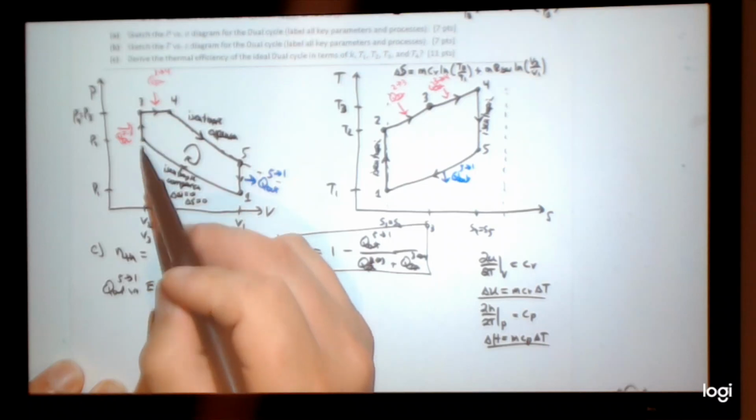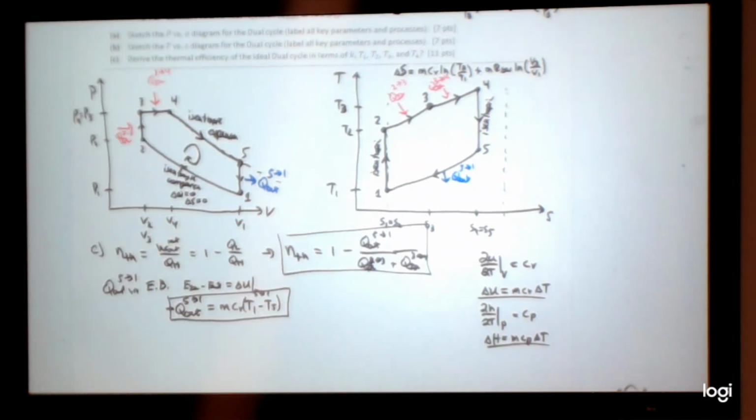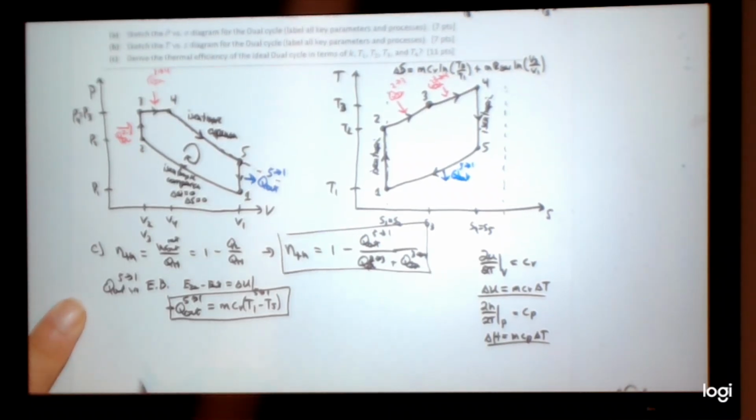So let's do the QN. Now, again, we could ask, do we want to get QN from an entropy balance or an energy balance? Well, we just saw how simple it was here from an energy balance. So let's do energy balance from state 2 to state 3. So QN 2 to 3 via energy balance. QN, of course, sums all the heat in.